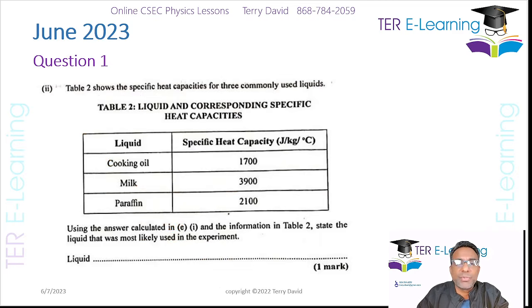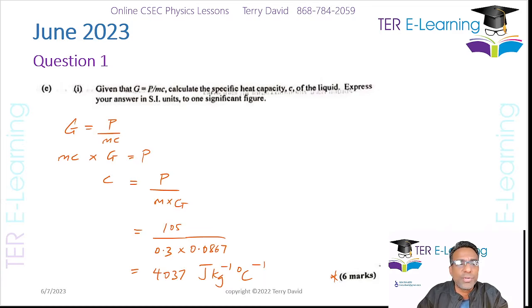So the table shows specific heat capacity of 3 commonly used liquids. We have cooking oil, we have milk, we have paraffin. Using your answer calculated in C part 1, state the liquid most likely. So we got a value of 4037.